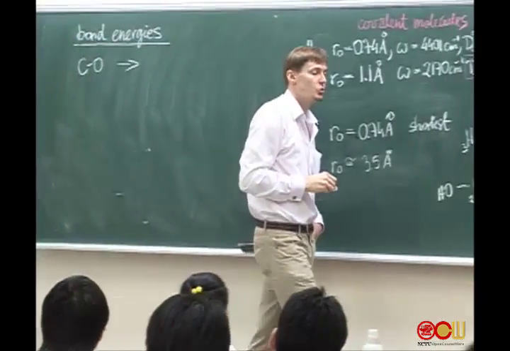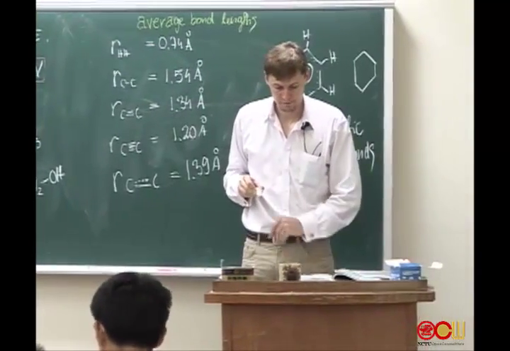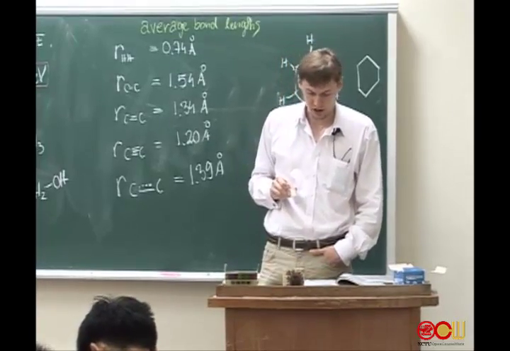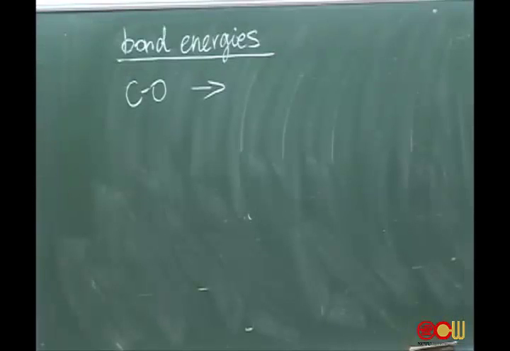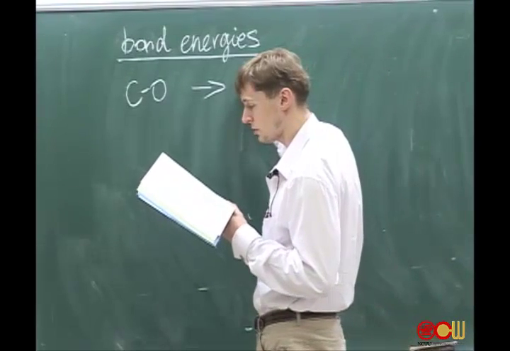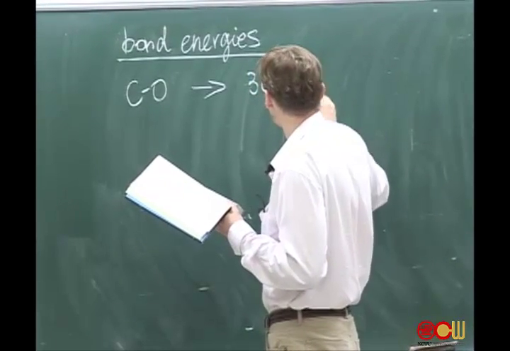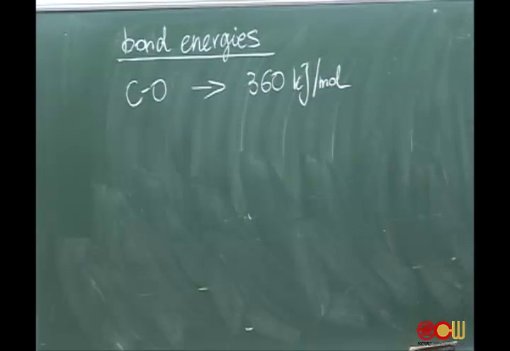And again, you can go to table 2.3 in your books, which gives average bond dissociation energies. And for CO, we find that the average single bond is 360 kilojoule per mole. This brings us the first problem.